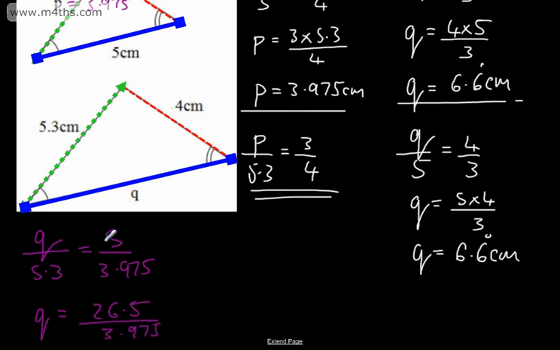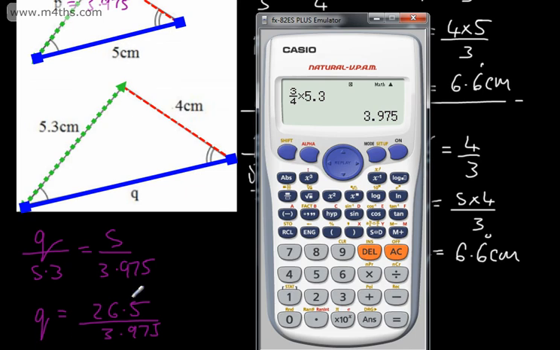All I've done here is multiply these two. So if we look at that on a calculator, 26.5, hoping my maths is right, divided by the 3.975, well, 20 over 3, 6.6 recurring. So we can see that we're right on that, and that backs it up.